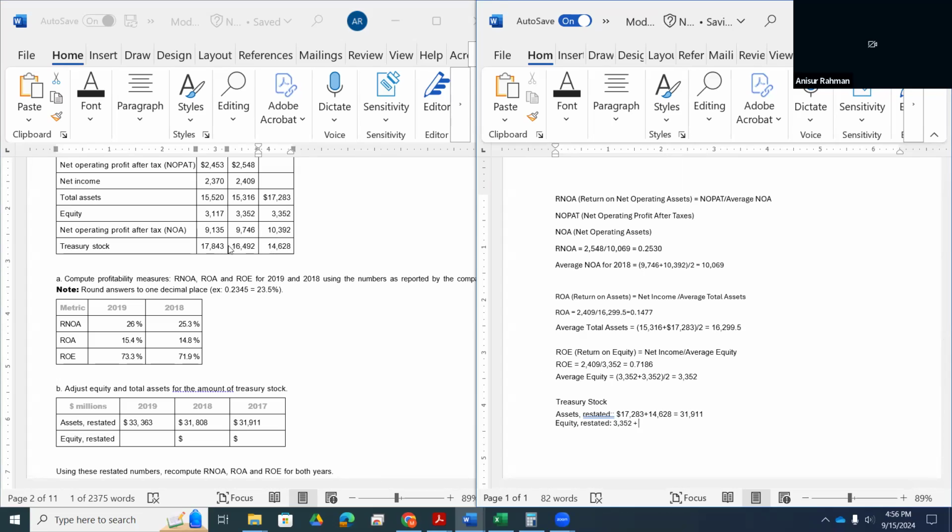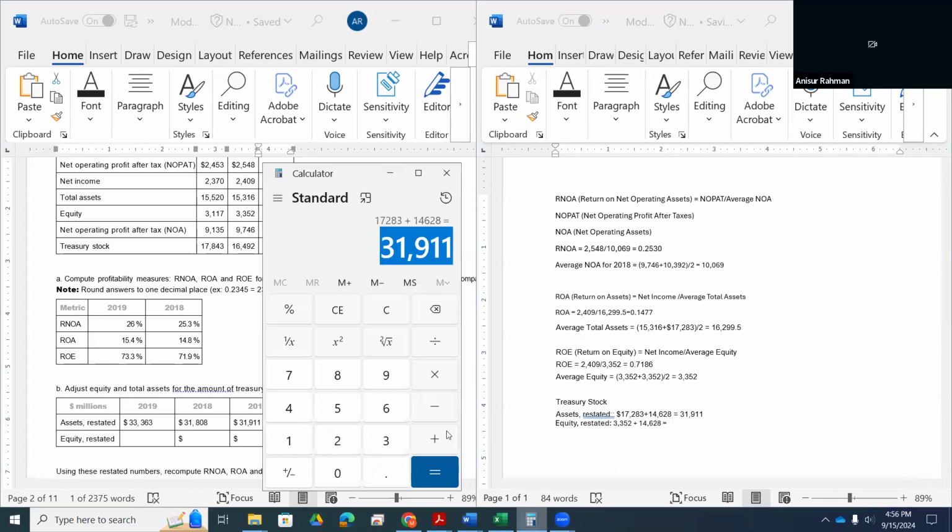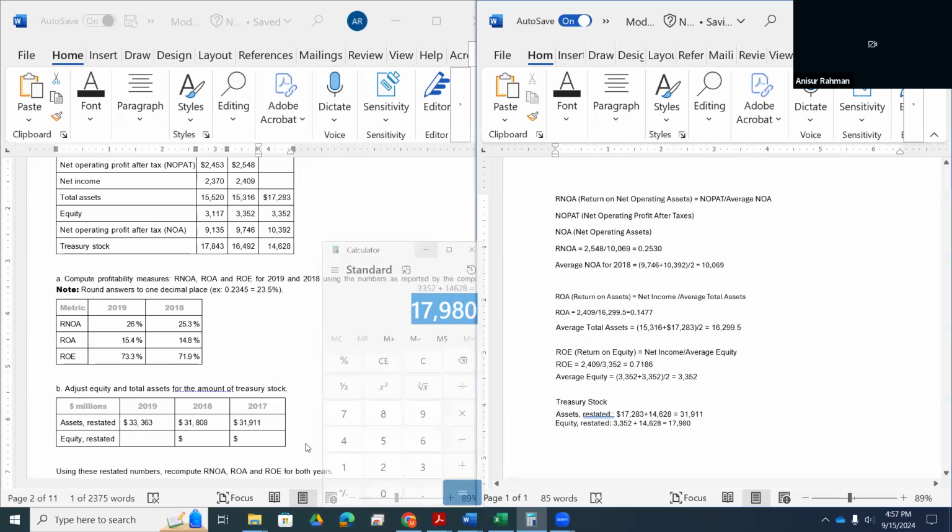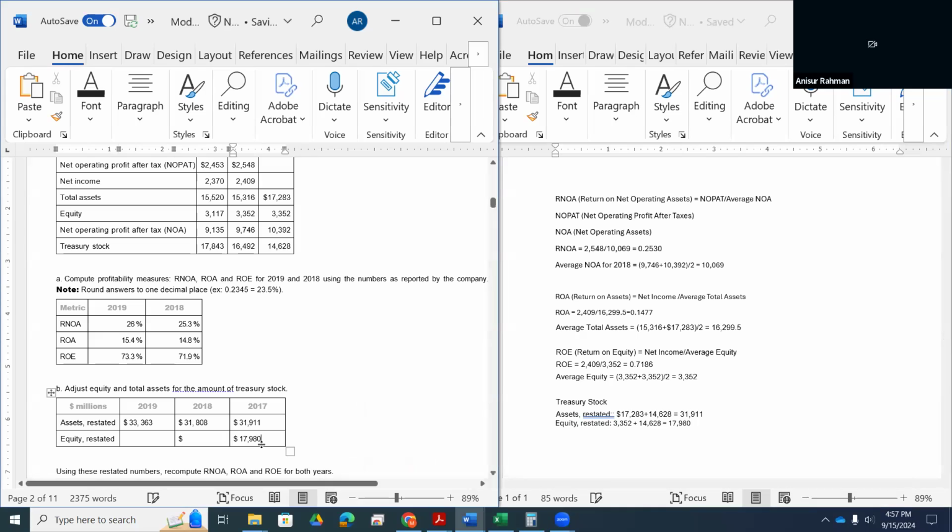Add treasury stock. $17,980 for 2017. Following the same process, we'll get 19,844 for 2018 and 20,960 for 2019.